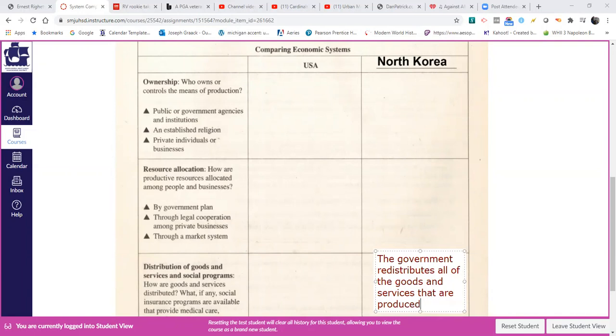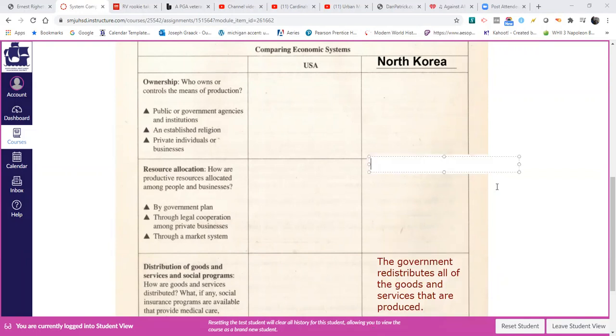So basically, firms and businesses will produce those items. The government will collect those and then redistribute that the way that they see fit. All right. So the government here will decide who and how much is allocated to each firm or business.